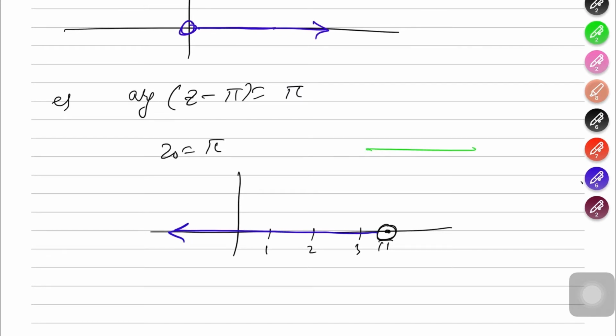Okay, so we know that this angle is 0 and this angle is pi. So this is the ray emanating from pi and going along the pi direction. Pi direction means angle 180 with respect to the positive direction of the x axis.